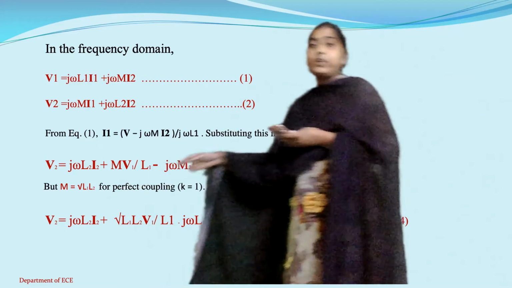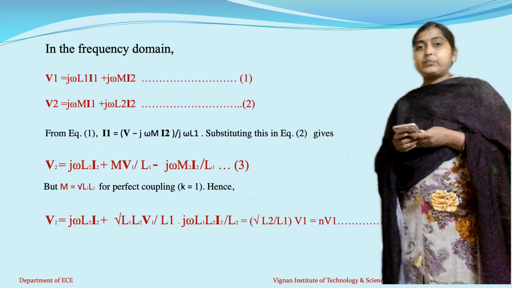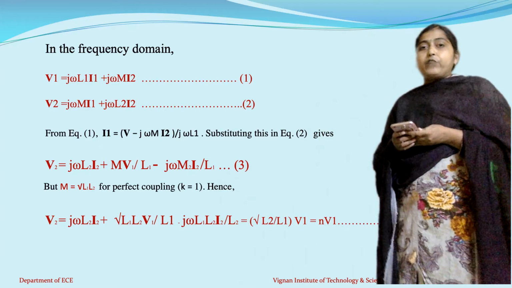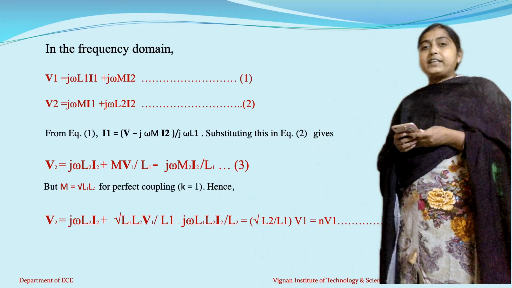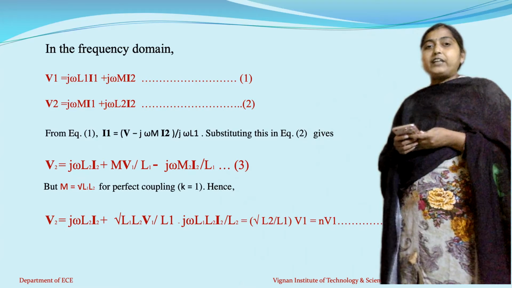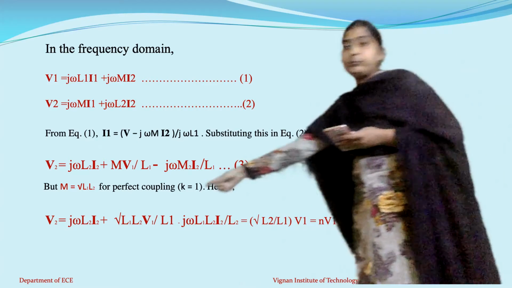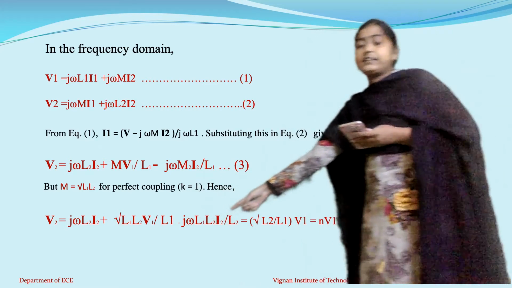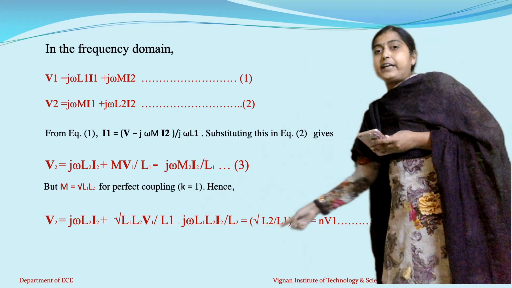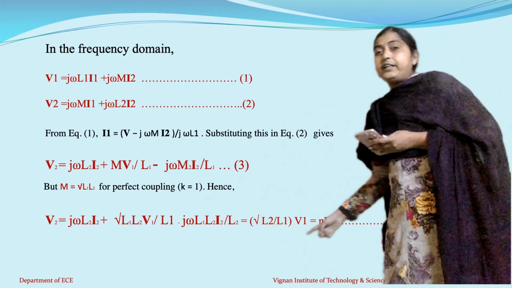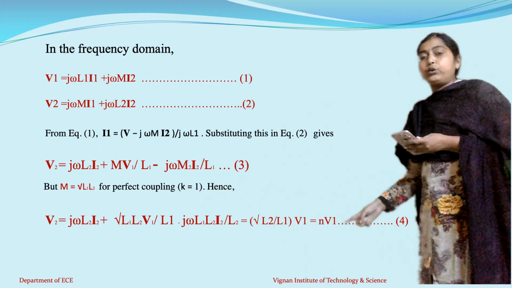Substituting this in the above equation, we get the equation with respect to V1. Further solving that equation, some of the terms get cancelled. Finally we can write V2 as equal to the square root of L2 divided by L1, into V1. This can be written as N into V1.